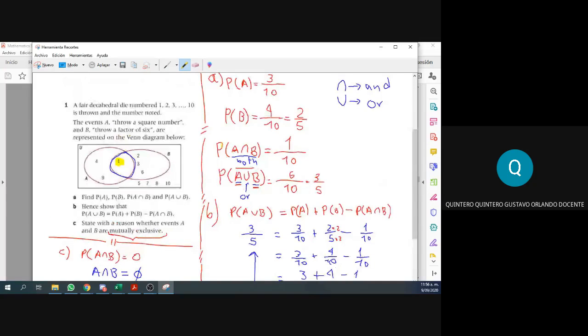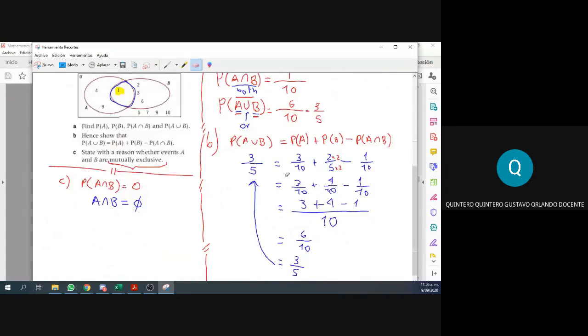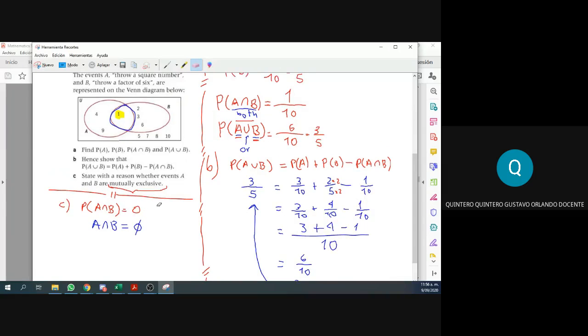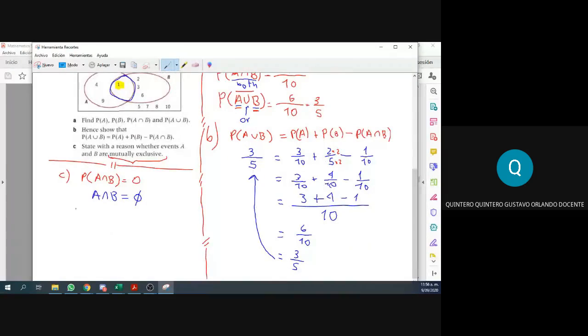We have it here. The probability of the intersection is something. It's not 0. So just because either the probability is not 0, or the set is not empty, any of these two are good reasons to show that the events are not mutually exclusive. Let me just write it here.